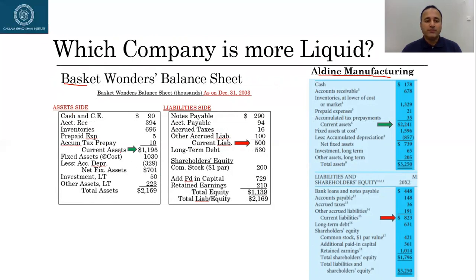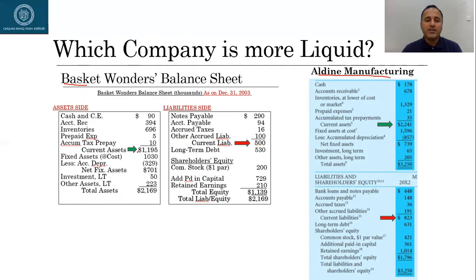So if you see, Basket Funders has current assets of $1,195, and they have a current liability of $500, which means that in the next 1 year, Basket Funders needs to pay $500 to, let's say, its creditors.